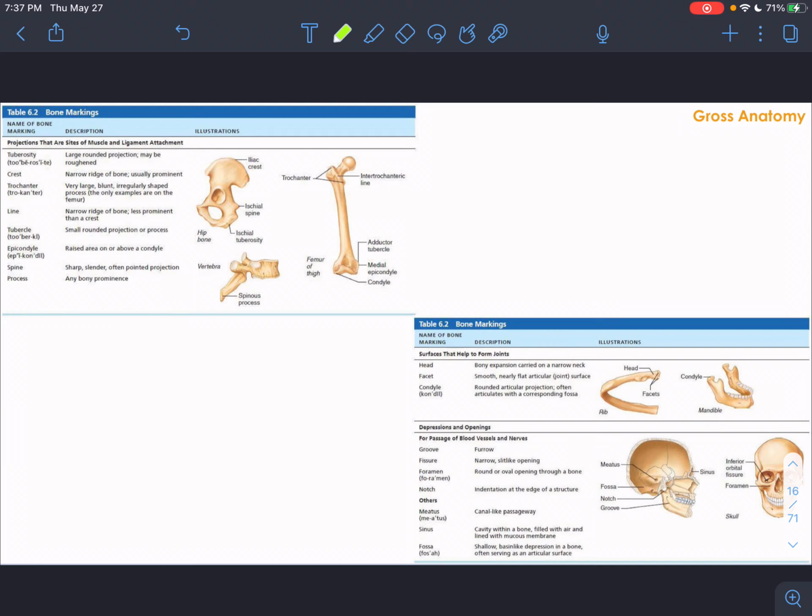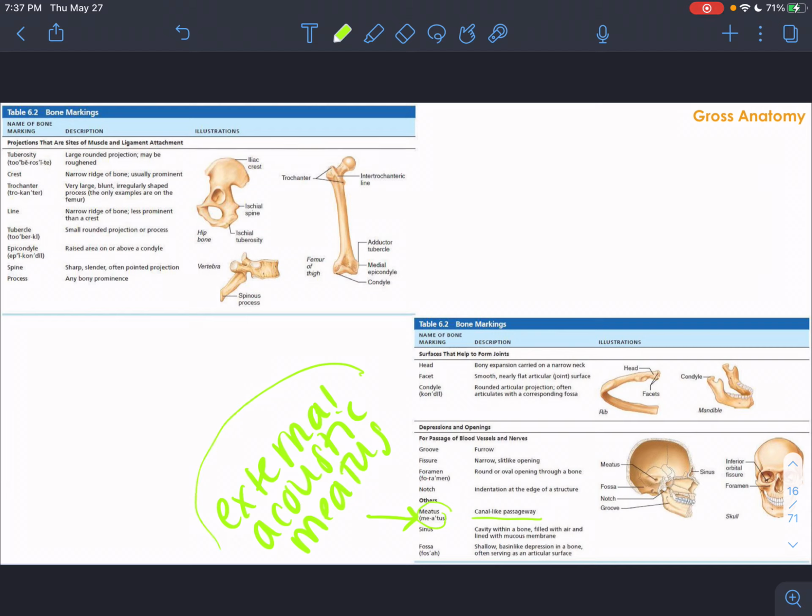So like I mentioned earlier, you have the external acoustic meatus, okay, which is where, again, your ear goes into your skull. Your ear canal goes through your skull to your brain. So a meatus is just a canal-like passageway. Okay, so if you know these general terms now, it's going to help a lot when you have to memorize the specific ones later on.